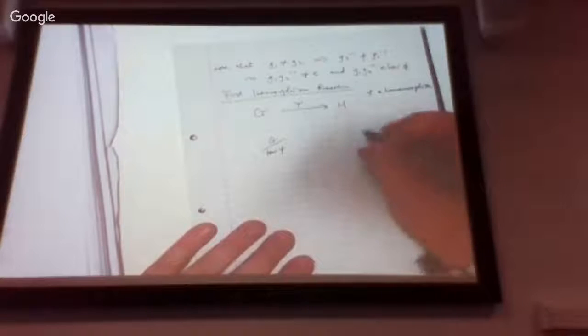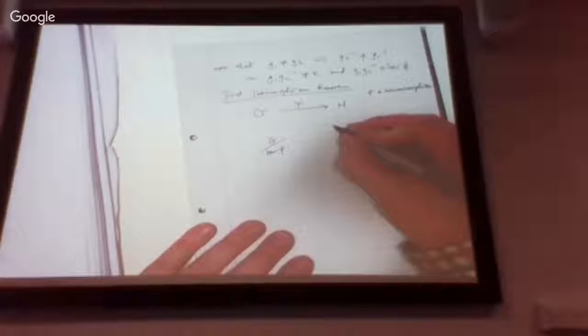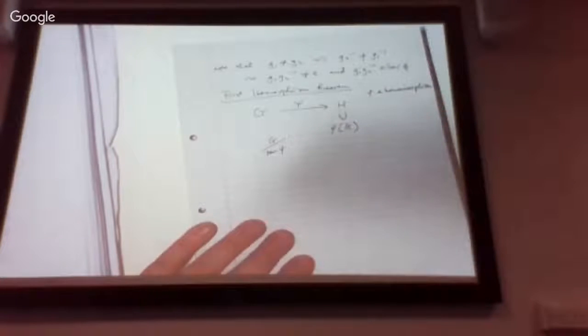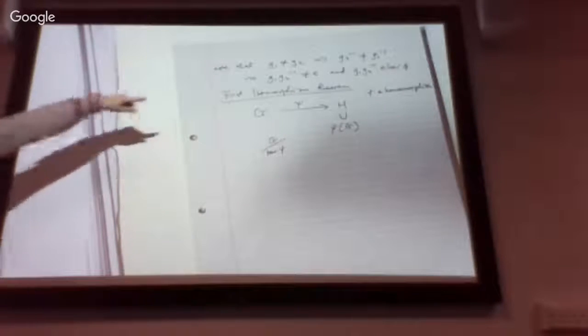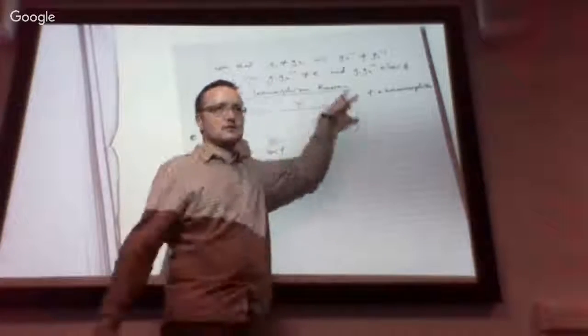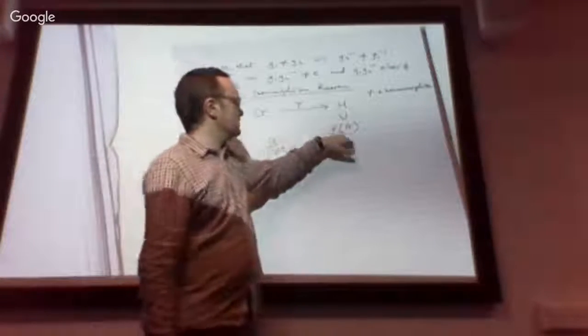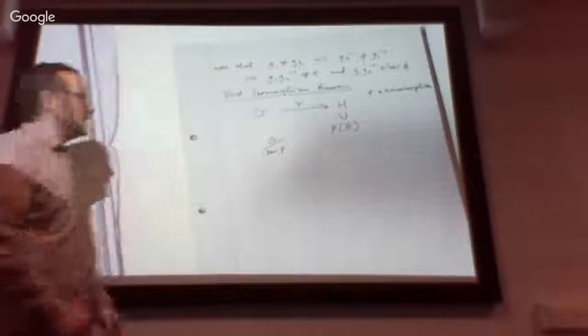Now within H will be a subgroup of H, which is phi of G. Okay, so that's the subgroup symbol. This U is like a sideways subgroup symbol. So phi of G is a subgroup within H, the image of G under psi.